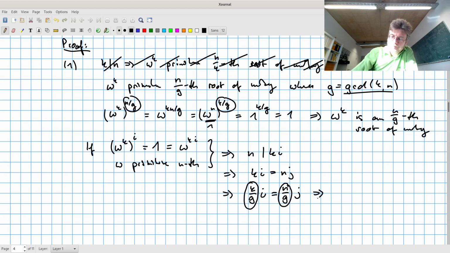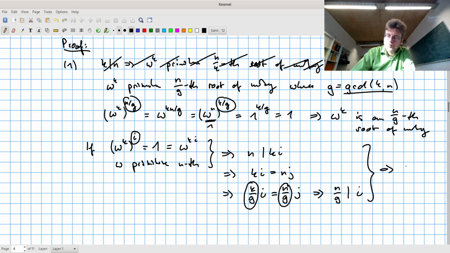So it means that n over g must be a divisor of i. Okay, well that's what I wanted to show. It says that every exponent such that if I raise omega to the k to this exponent and get 1, must be a multiple of n over g. So from this argument here, it follows that omega to the k is primitive.